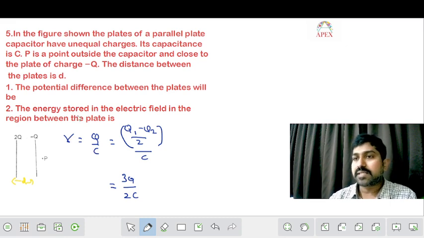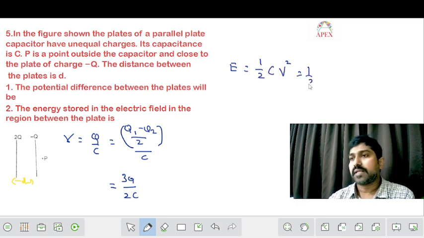And the energy stored in the electric field in the region between the plates. In between the plates, they are asking us to calculate energy. What is the formula for energy? Energy of the capacitor can be taken as half CV square. That is half into C into what is voltage we got here? That is 3Q by 2C.